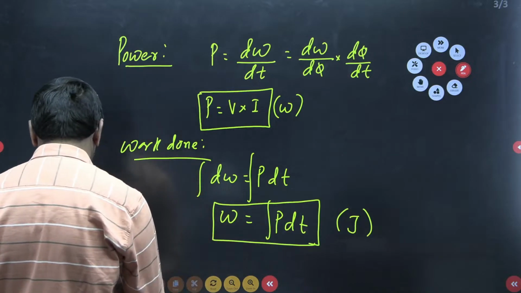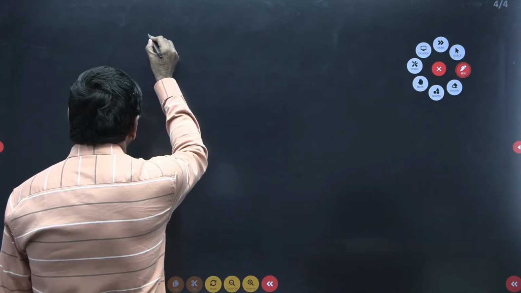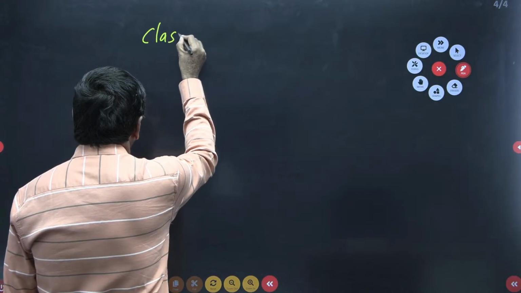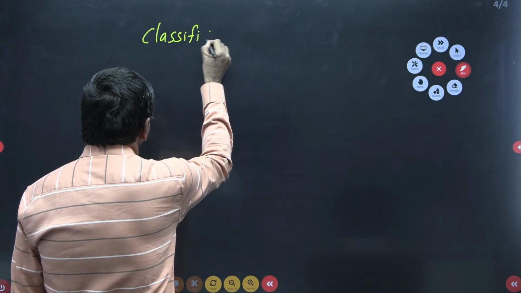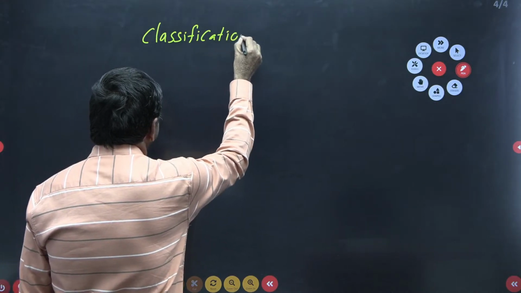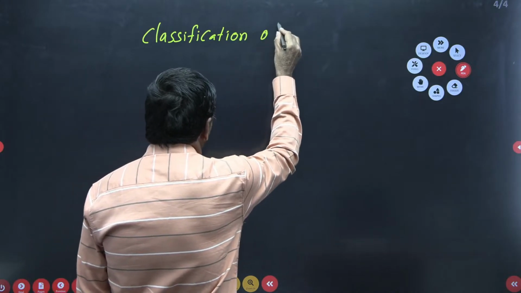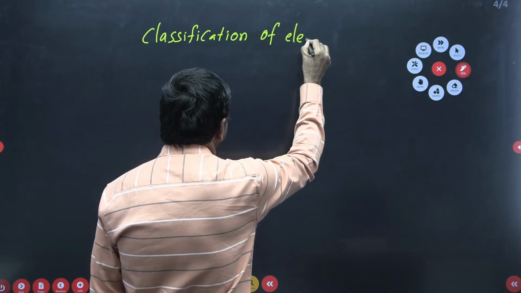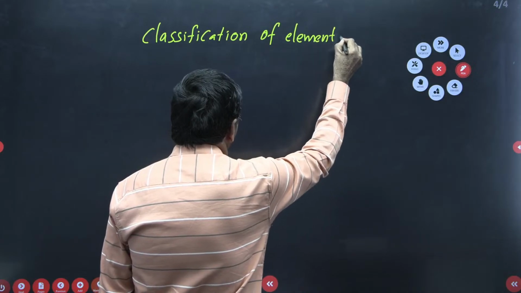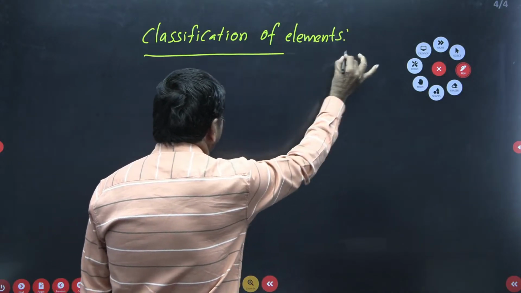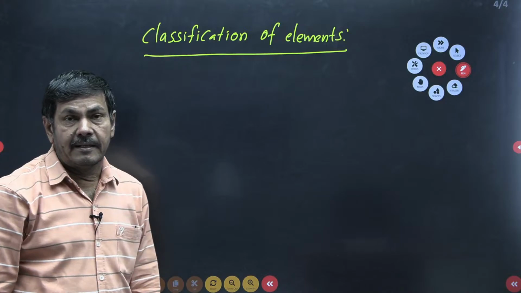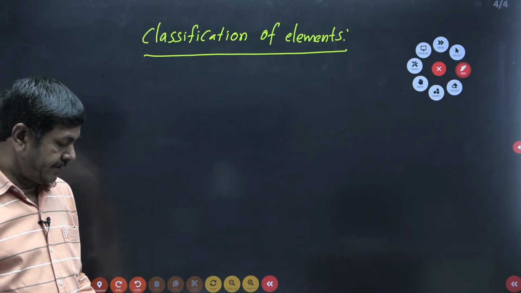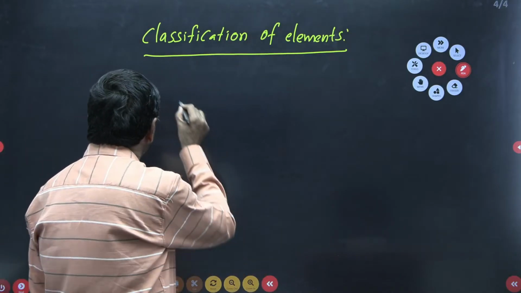Classification of elements, I want to give next. The elements are classified in different ways. They are said to be active and passive elements.